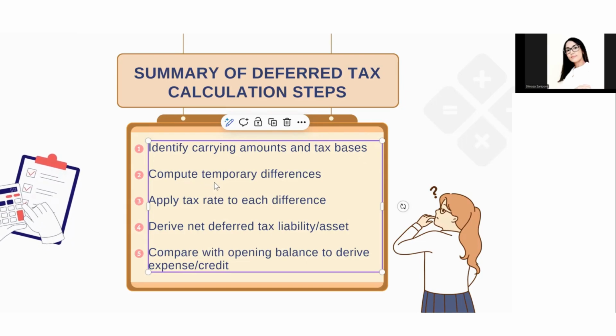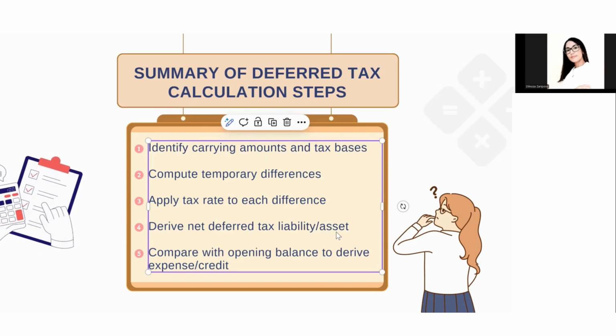After computing your temporary differences, you apply the tax rate to each difference. And depending on whether you have taxable temporary differences or deductible temporary differences, and whether you are calculating on assets or liabilities, you have then a deferred tax liability or deferred tax asset, right?